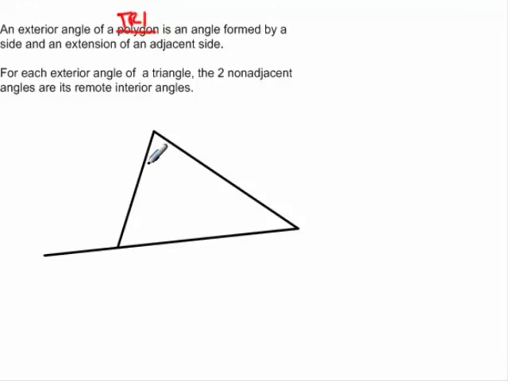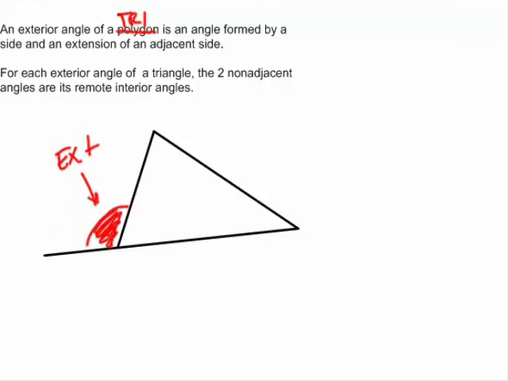Here is my side, and I have taken the adjacent side and extended it out. Therefore, this is the exterior angle of the triangle. We know that all the other angles are inside, but we have this being our exterior angle.